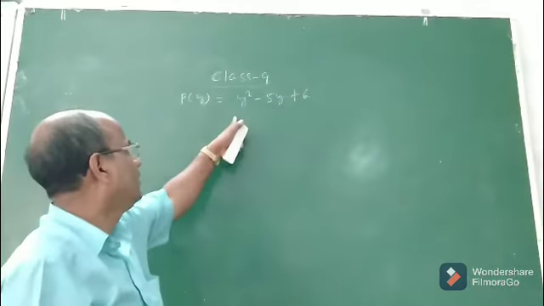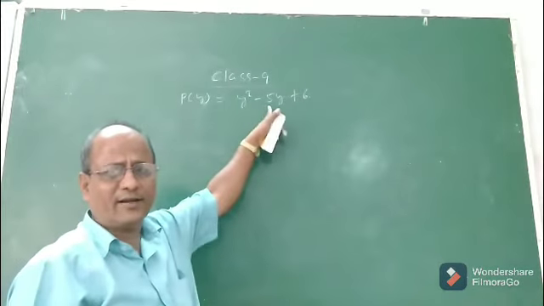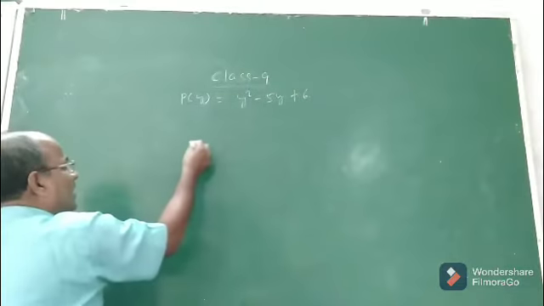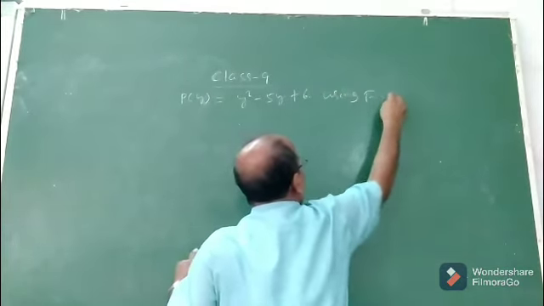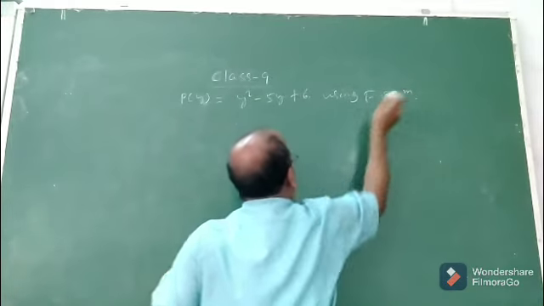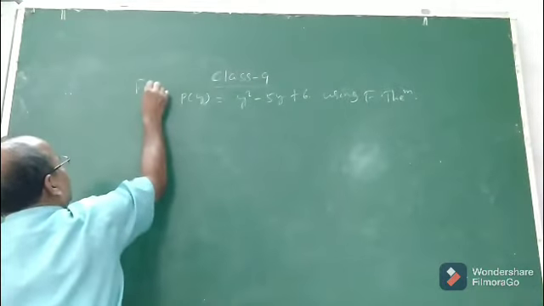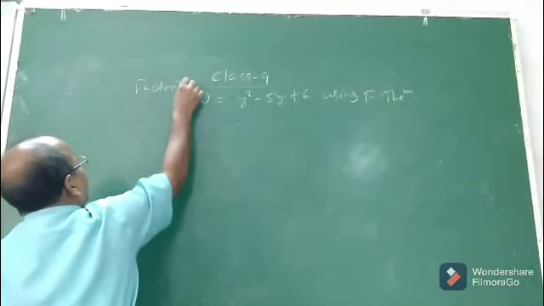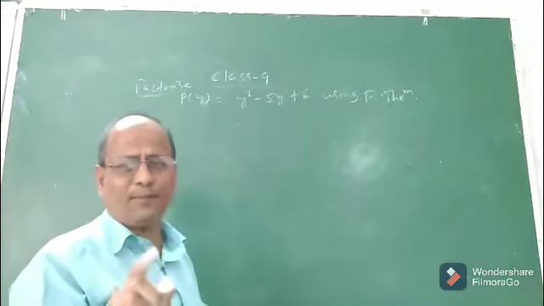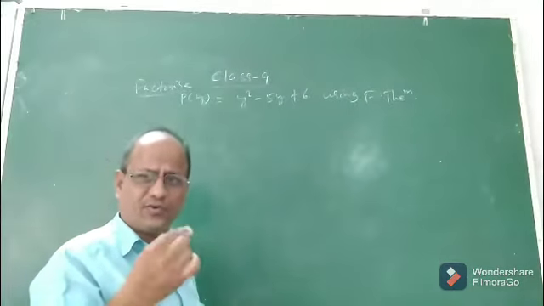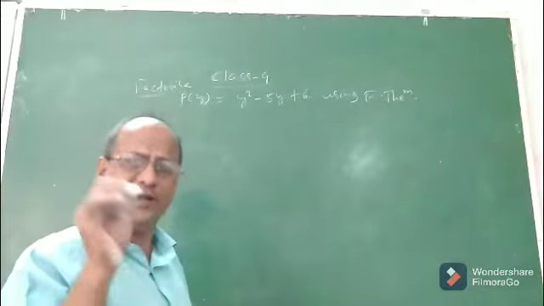So, let us see how to factorize this quadratic polynomial using factor theorem. This is the question. So, what are the steps? As I told you, the main application of factor theorem is in the factorization of polynomials of any degree.